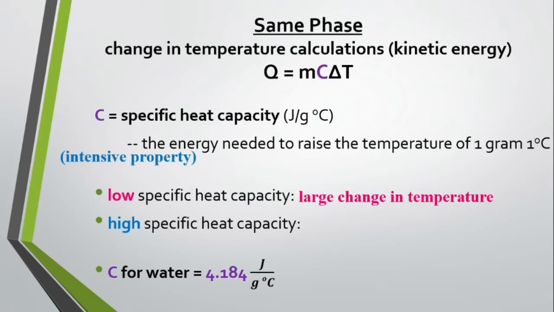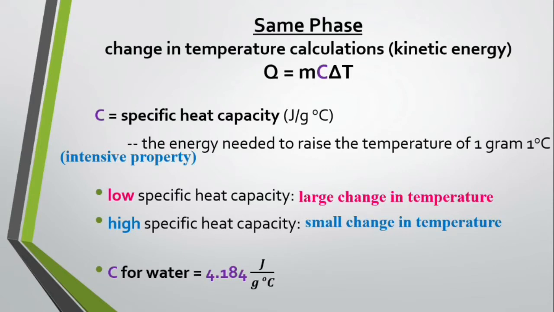But back to specific heat capacity, just like we saw with the H, the larger numbers mean that they're going to require more energy before they change. So bigger specific heats have small change in temperature if everything else is equal.